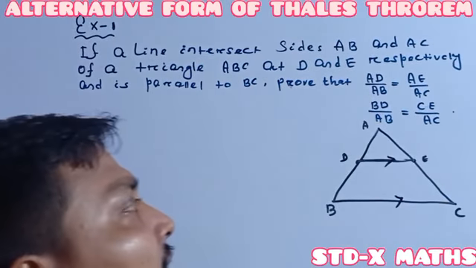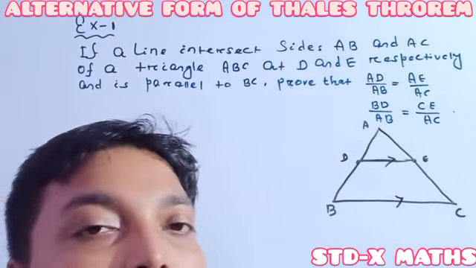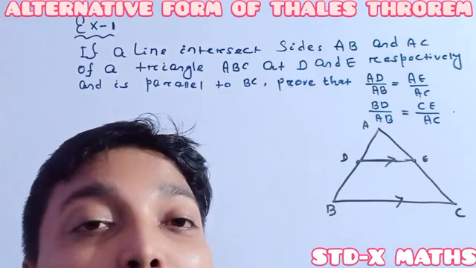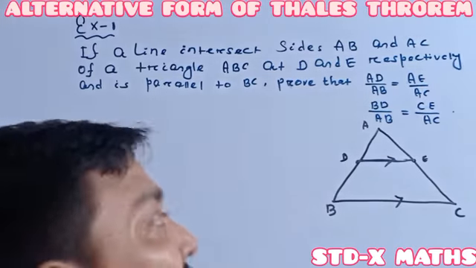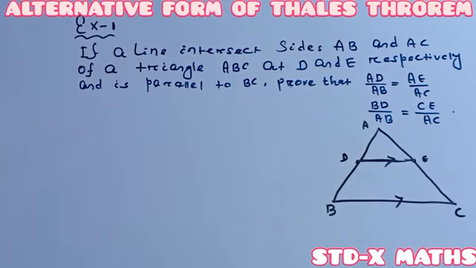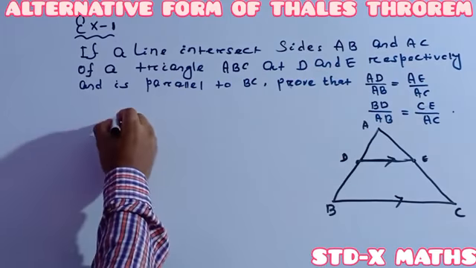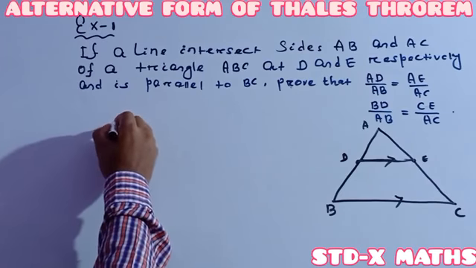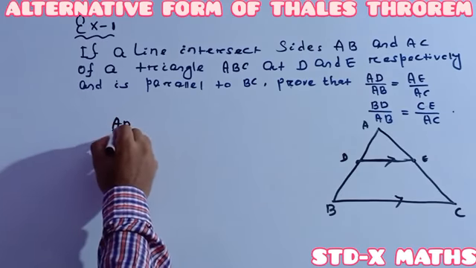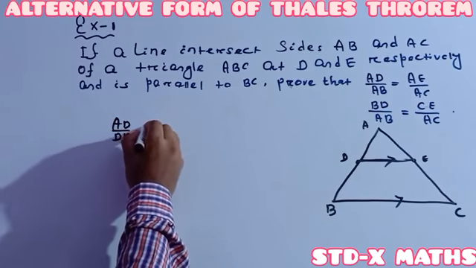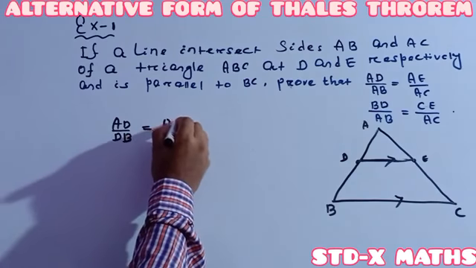Whatever criteria were given for the Thales theorem, the same criteria are given here. The given condition is the same, so by this we have already shown AD by DB is equal to AE by EC.